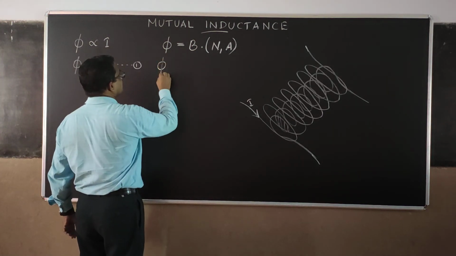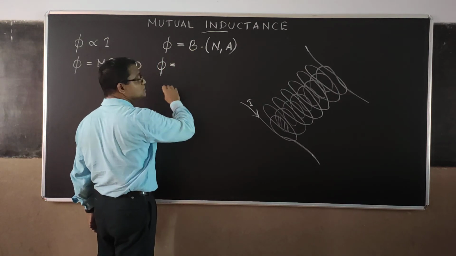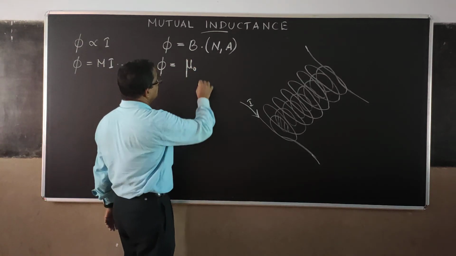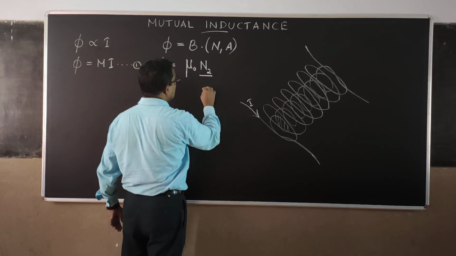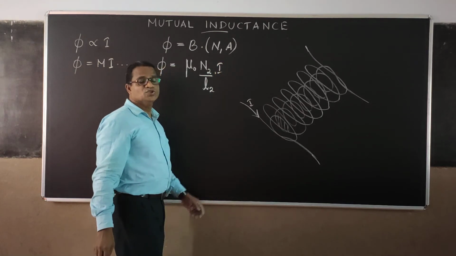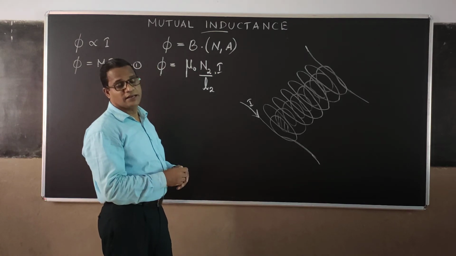Then flux phi will be equal to B, which is mu 0 N2 by L2 into I. This is the field inside a solenoid without considering the end correction.